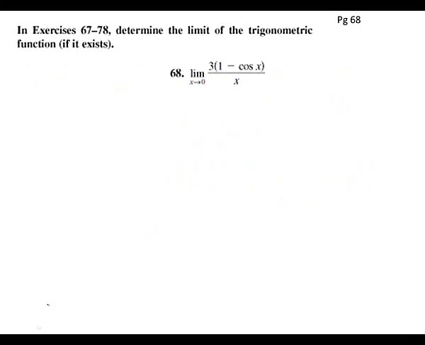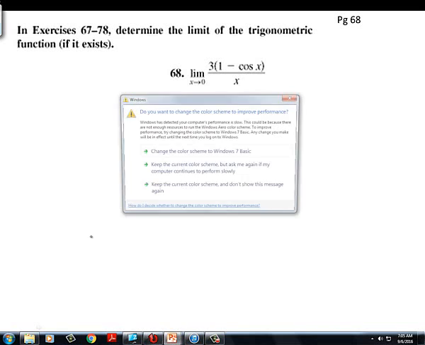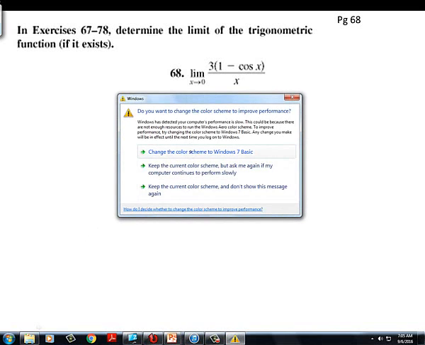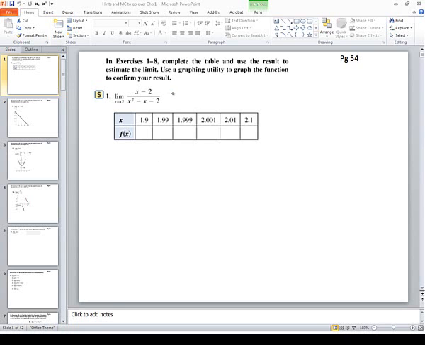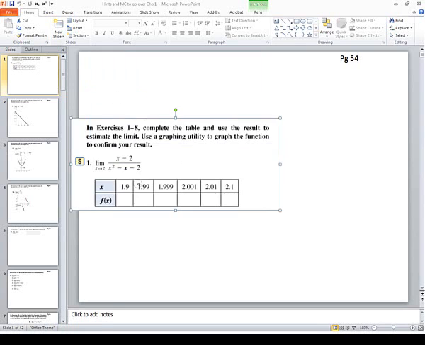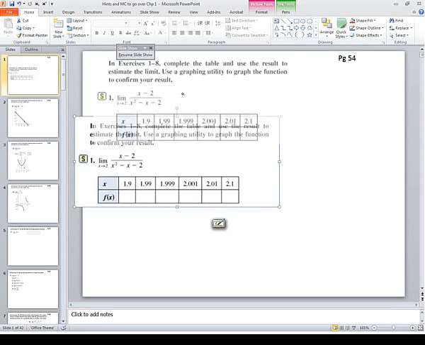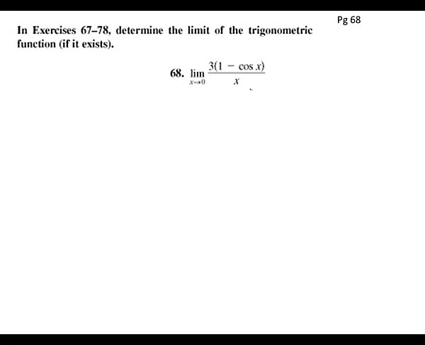68. All right, this one is pretty much there. It may or may not have the 3 in front, but this is the other one that you had to know and have memorized. Remember that you have the limit as x approaches 0 of 3 times 1 minus cosine x over x.